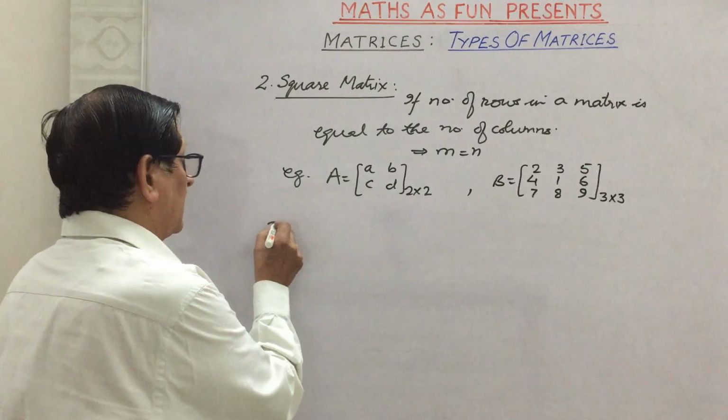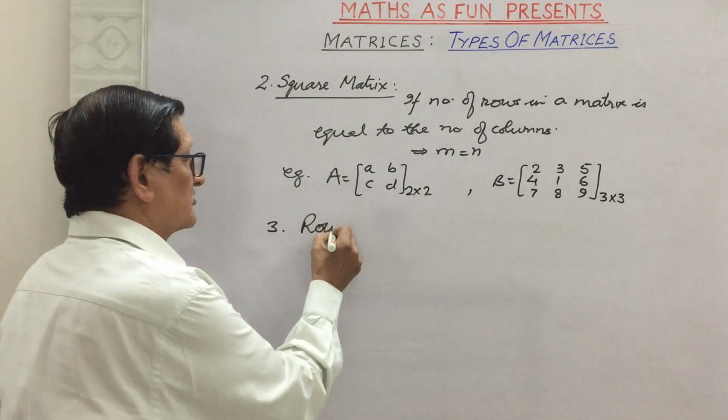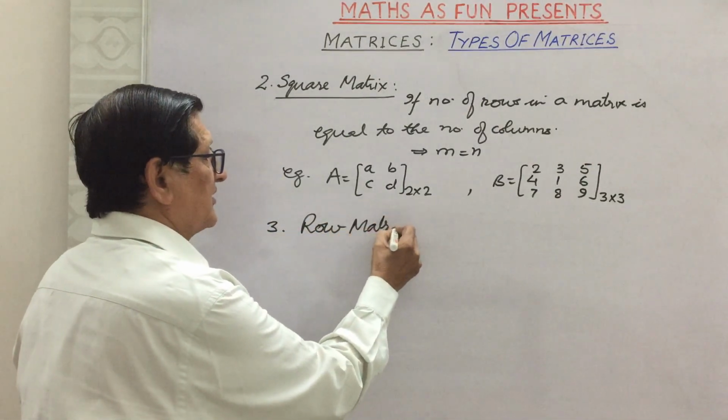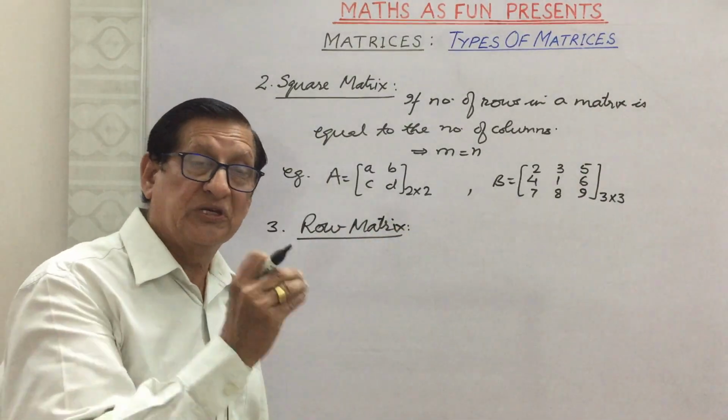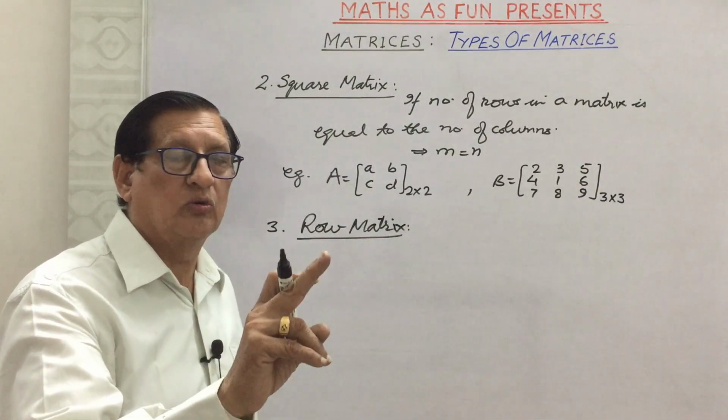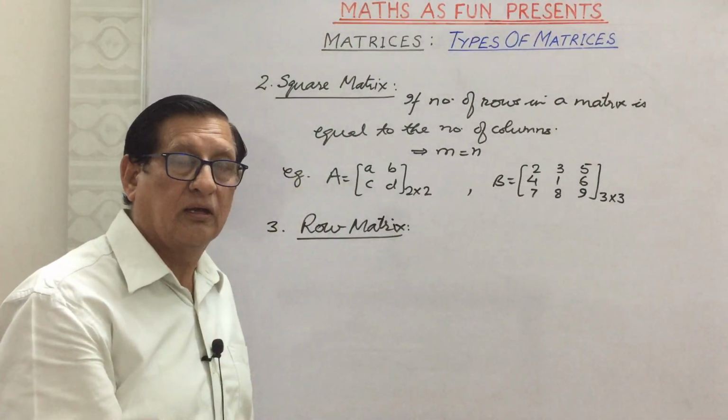The third type we have a row matrix. As the name itself tells, only row. It means it contains only one row. Number of columns may be any.